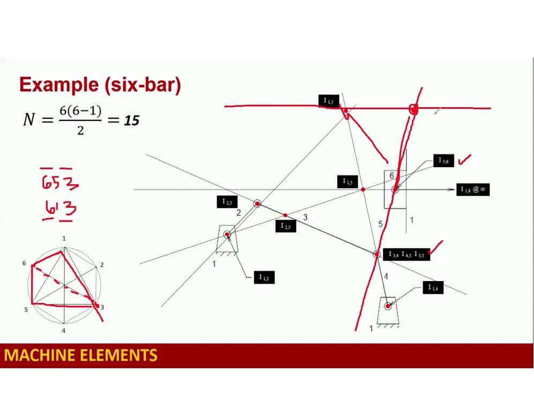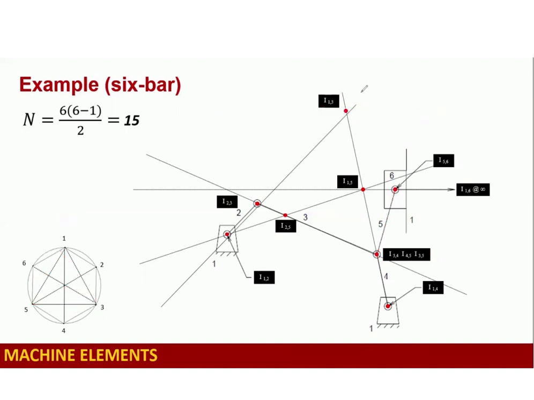So this is our 6, 3. That is what you're going to remember if you have an infinite line. This one is infinity again because the sliding is considered as an infinite rotation at a point. Thus we have instantaneous center 3, 6.